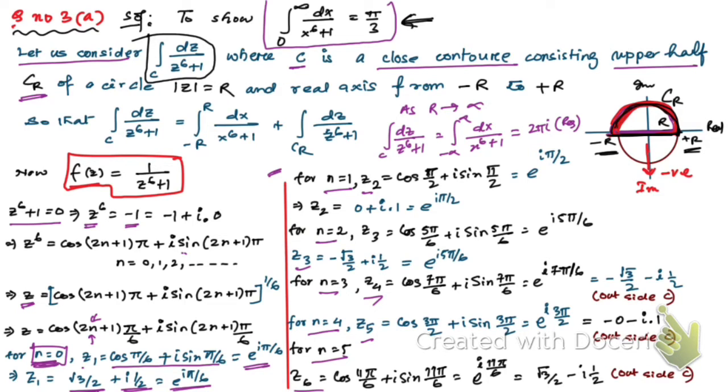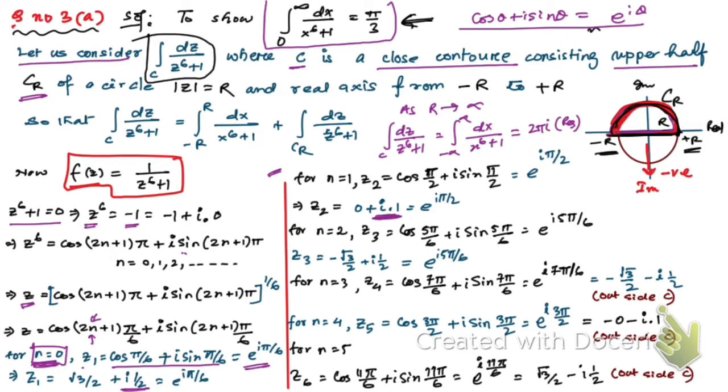But here you can see, if you observe those values, let me clean this a little bit. Here this part is positive, and here also it is positive. Here you can see the imaginary part is positive, and here also the imaginary part is positive.